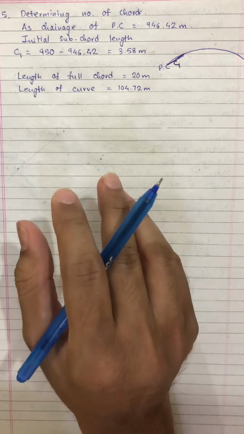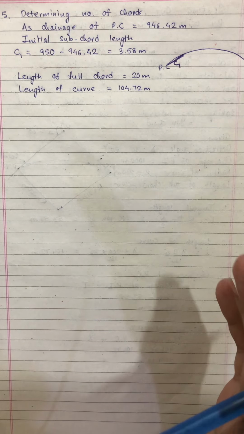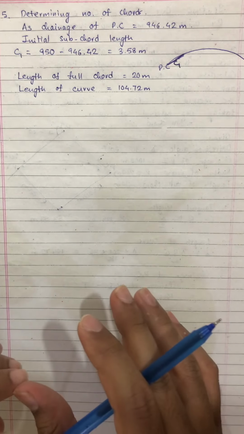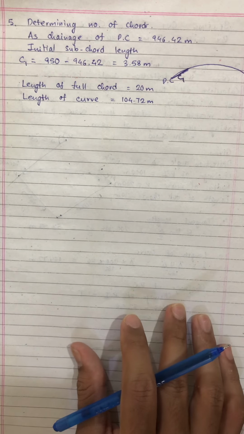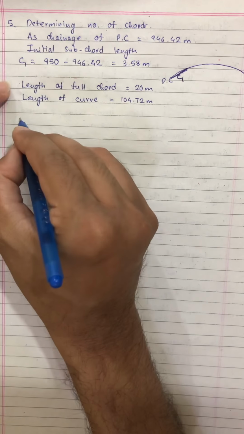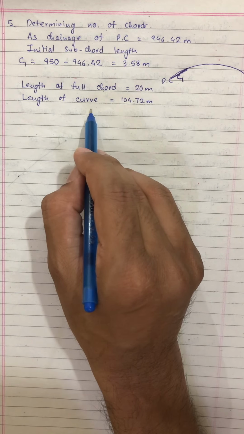What we are assuming here is that the length of chord will be equal to the length of the arc, or length of curve. This we have assumed in the derivation itself.